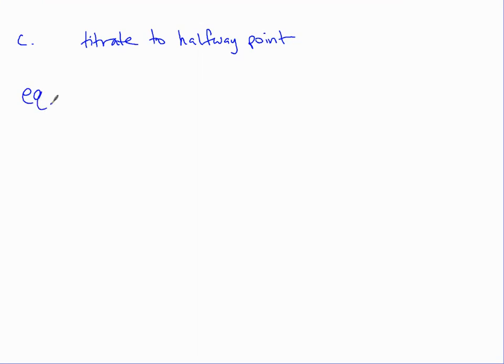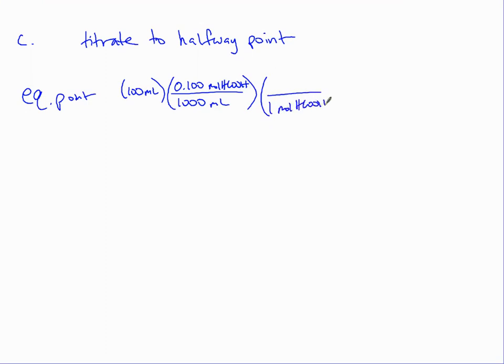With this one, the first way you would do it is calculate to the equivalence point. So we have 100 milliliters and 1,000 milliliters, 0.1 moles of acid. This gives us number of moles of the acid, volume times concentration. For every 1 mole of this weak acid, we need 1 mole of the hydroxide.